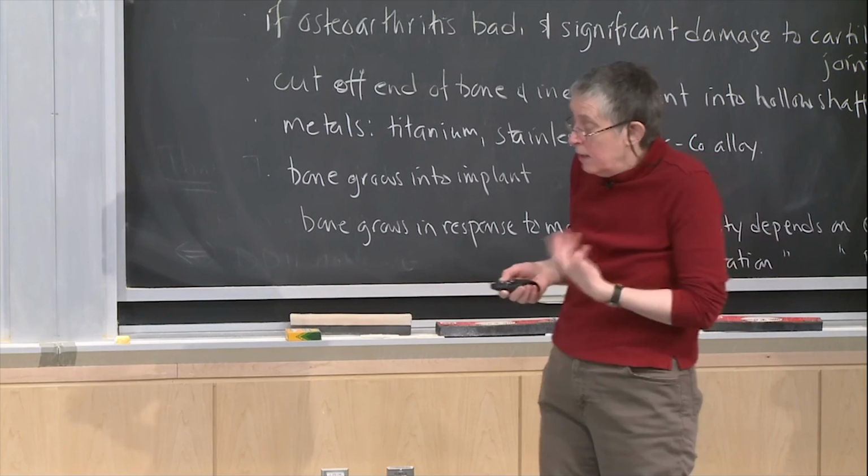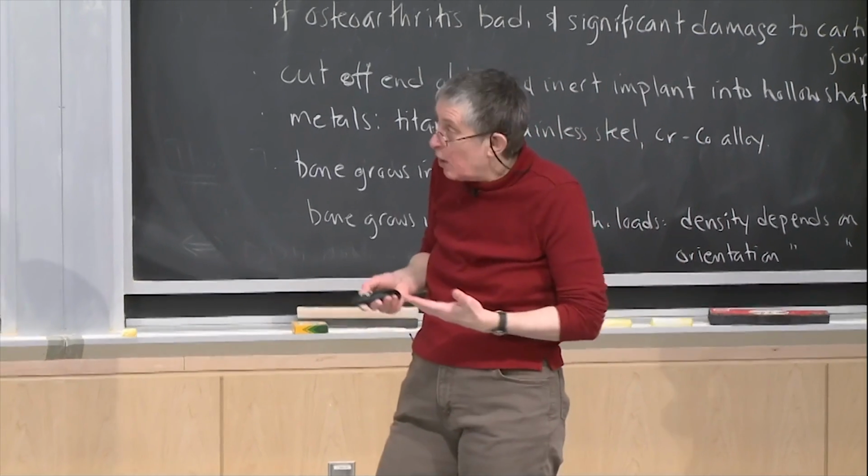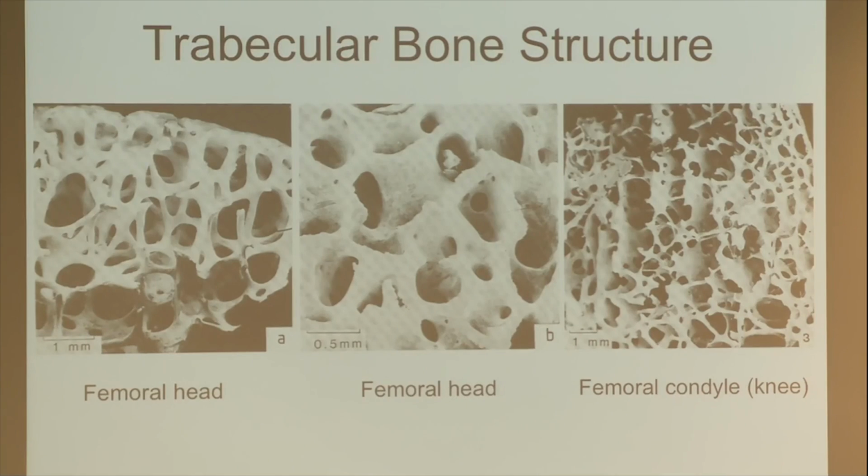And then, as I said, the bone can grow in response to loads. So if you have loads that are more or less vertical, the trabeculae tend to line up and be more or less vertical with some sort of horizontal bracing. So this is a piece of bone from a knee. The condyle is sort of towards the top of the knee. And you can see these are sort of plate-like pieces of bone that are almost parallel, and it's not too surprising, in your knee the loads are typically vertical.